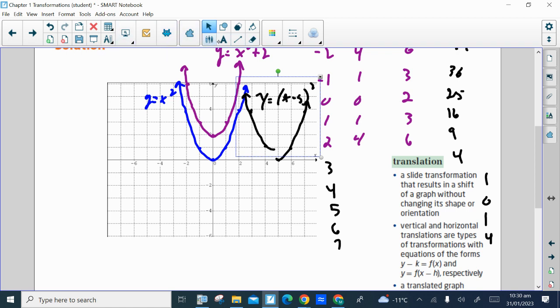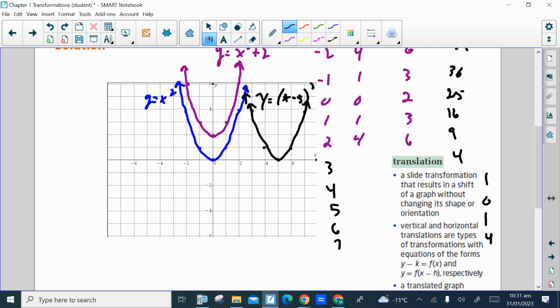Let me fix this. So 3, 4, I should say. 4, 1, 3, 4. There we go. Something like that.